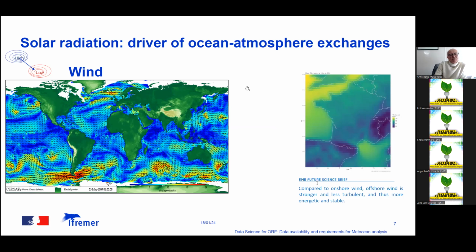And one interesting feature of this wind is that when considering offshore wind, compared to onshore wind, offshore wind is usually stronger and less turbulent, and thus is more energetic and stable. So, of real interest for extraction and for renewable energy.